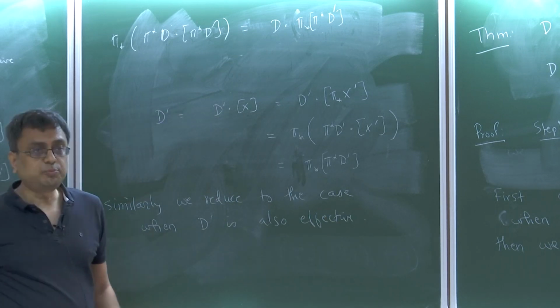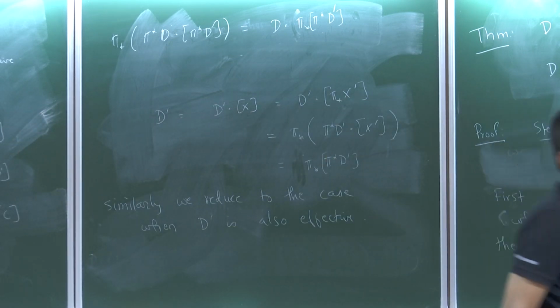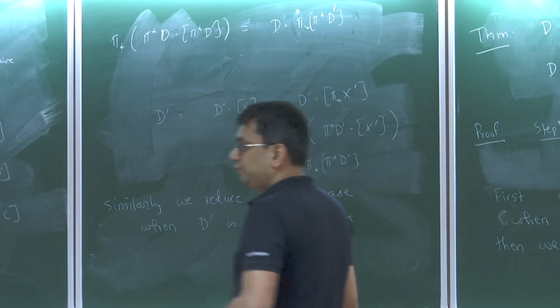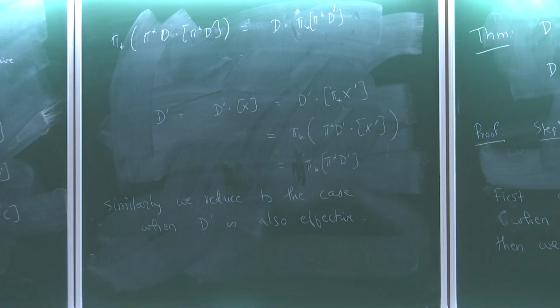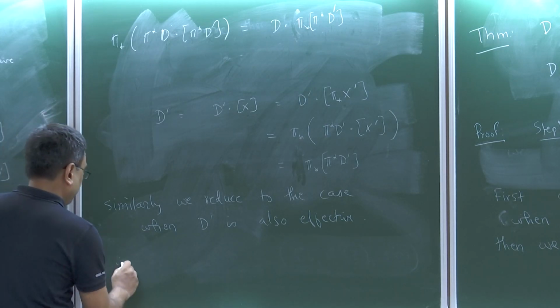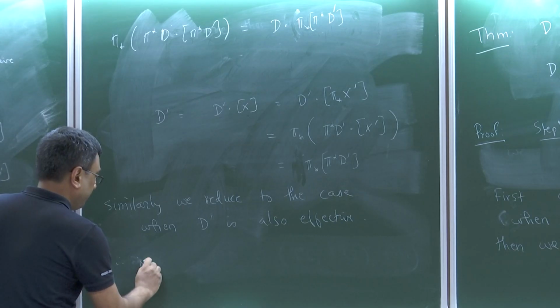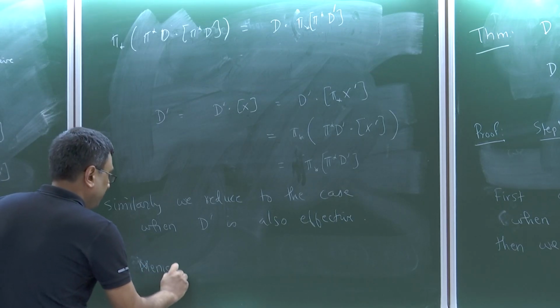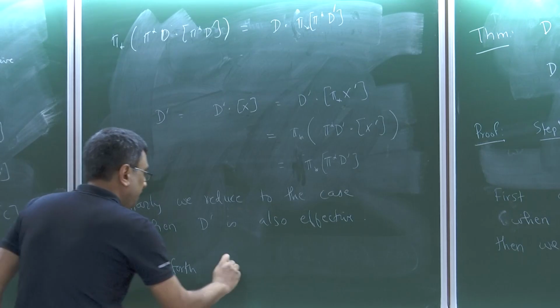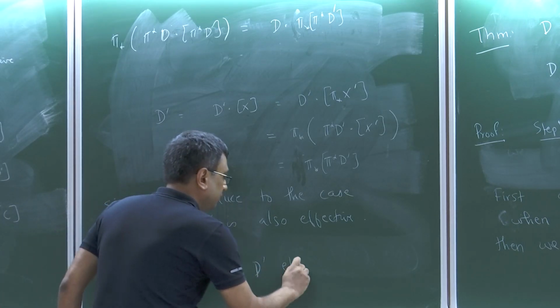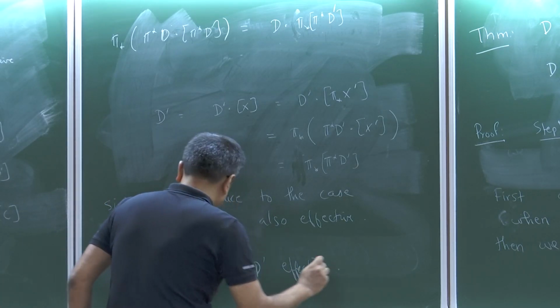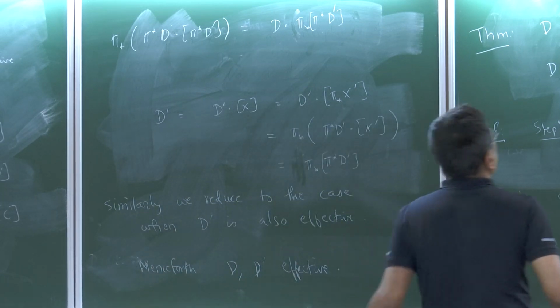So we want to now prove the theorem when both D and D prime are effective, and the reduction to D and D prime effective was using the projection formula and the fact that if you blow up the correct ideal sheaf, any Cartier divisor becomes a difference of effective divisors. So therefore, henceforth we will assume D and D prime are effective.